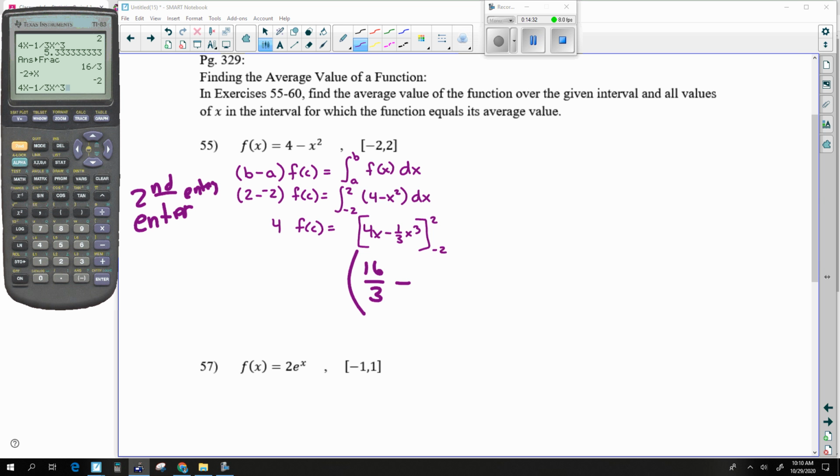So now I'm plugging -2 into the equation that I have up on my calculator. And so this is -16/3.